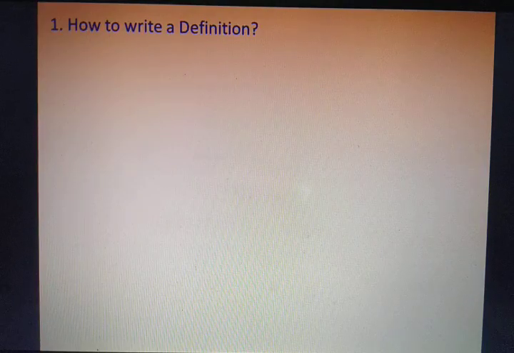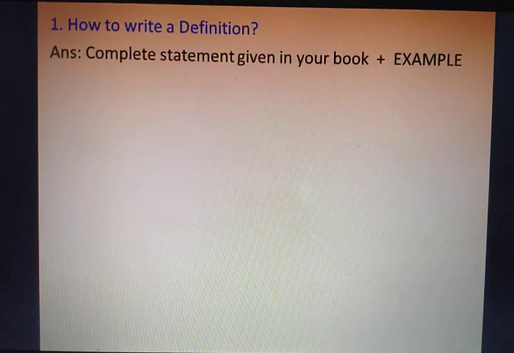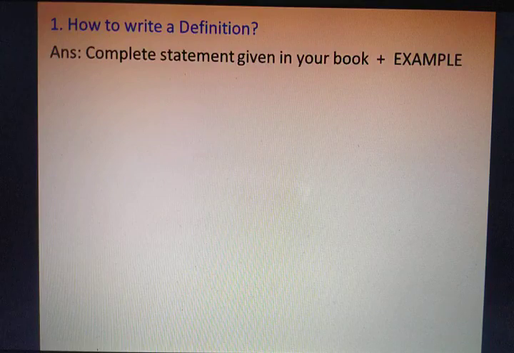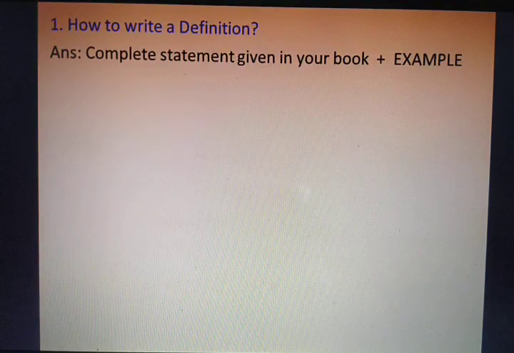The very simple thing about writing a definition is a complete statement given in your book. Your book has a very complete, clear definition given. By this time you should have your book, so you can go through the chapters.